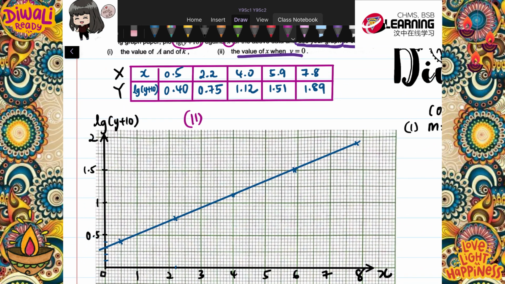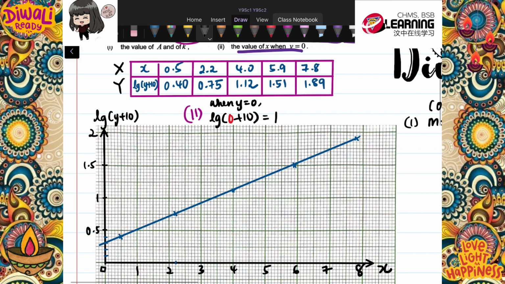So y equals 6. So when y equals 6, you sub into the equation here. I'm gonna sub in this y. Becomes 6 plus 10, so it's equal to log 10, which is 1. Okay, so you find 1 here, and then you can find your x straight away from your graph.